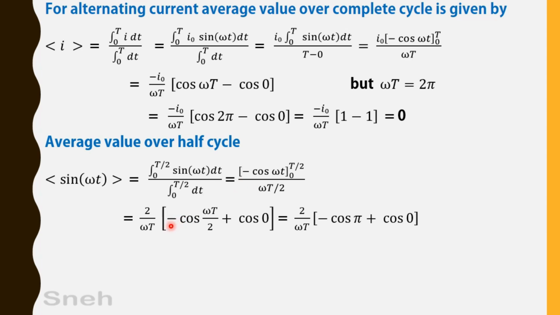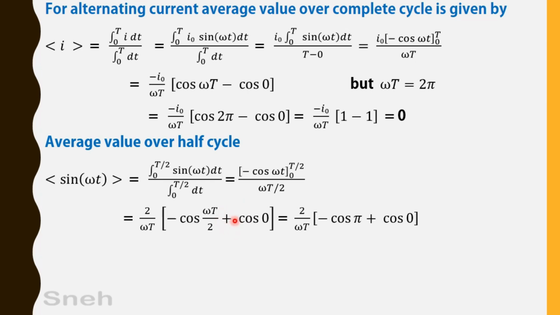So minus cos of, instead of this t, I'll substitute the upper limit, omega T by 2, and minus, we have to substitute the lower limit. So minus of cos of omega times 0, that is nothing but cos 0, and this minus with the minus here will become plus.